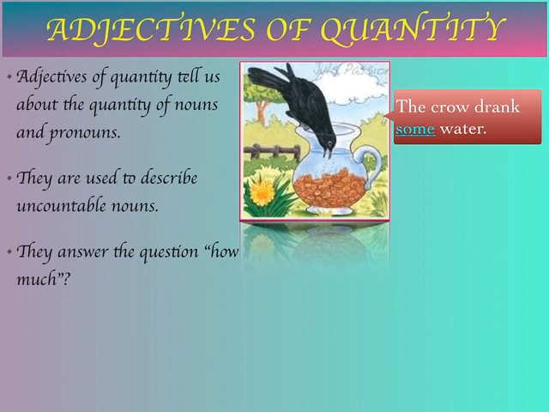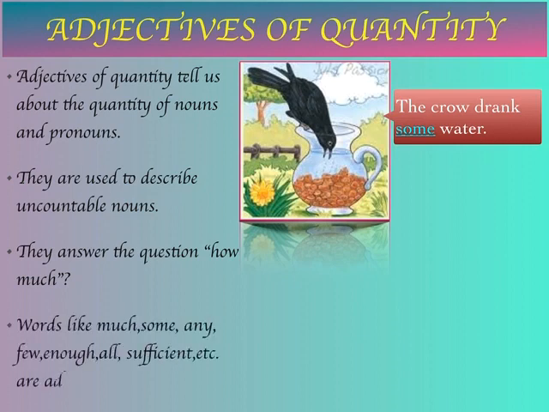Some water. So some is describing the noun water, which is an uncountable noun, and so it is said to be an adjective of quantity. So words like some, any, much, few, enough, all, sufficient, etc. are adjectives of quantity.